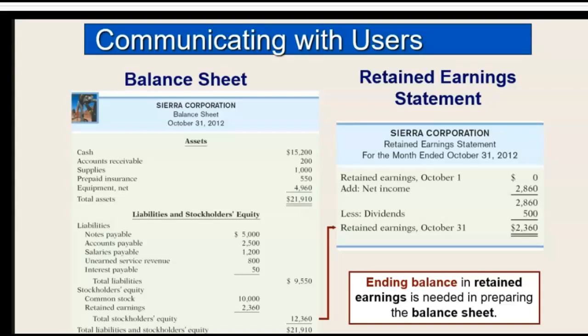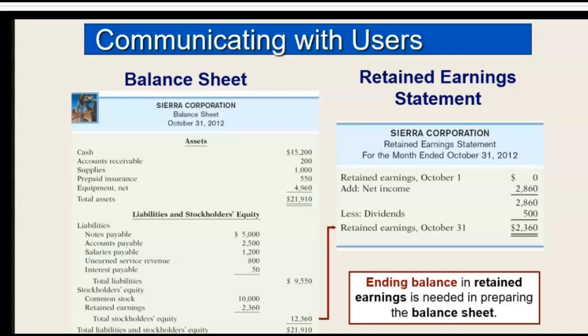And we add the liabilities, and we add the shareholders' equity, and we get a total $21,910. We balance: assets equal liabilities plus shareholders' equity. And I have assets of $21,910.